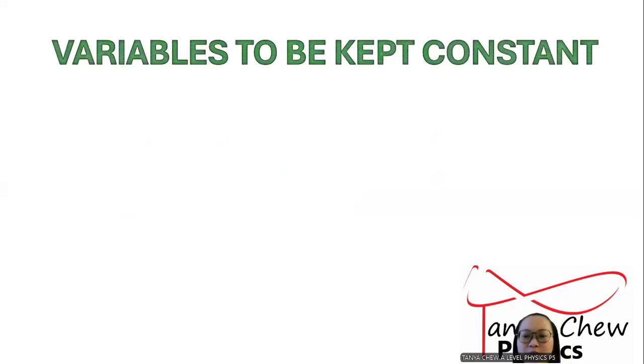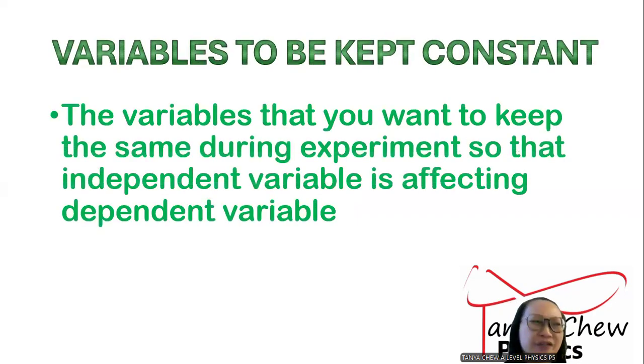Variables to be kept constant are variables that, when you are conducting the experiment, you want to keep the same throughout the whole experiment so that the dependent variable will change due to the independent variable. In other words, the independent variable will be the only one that affects the dependent variable.